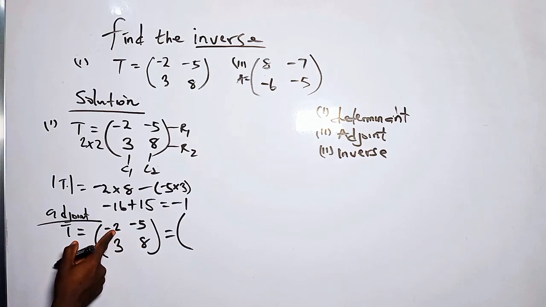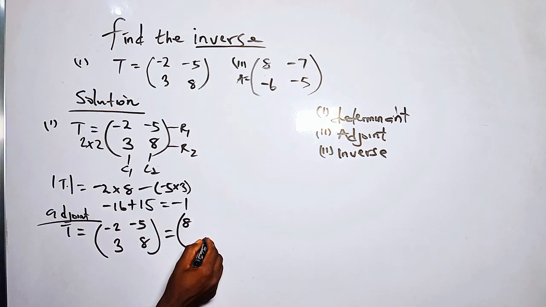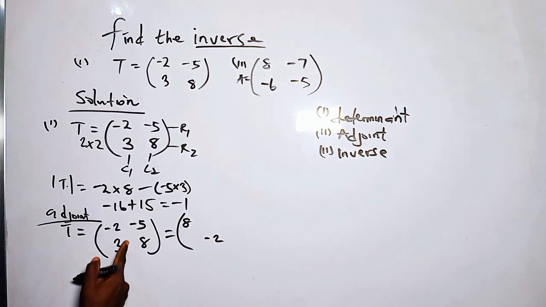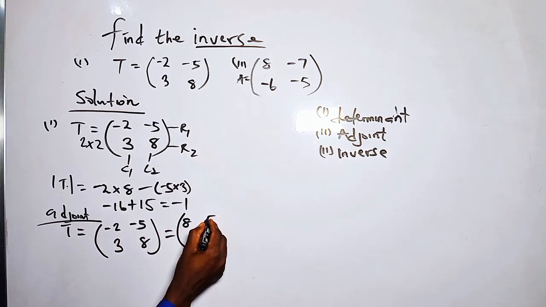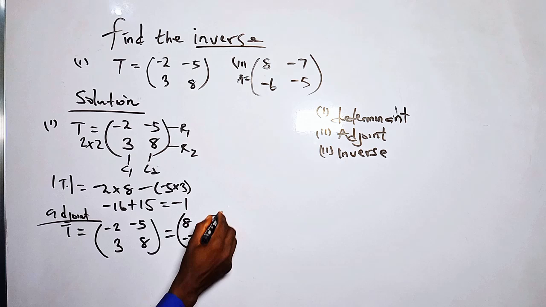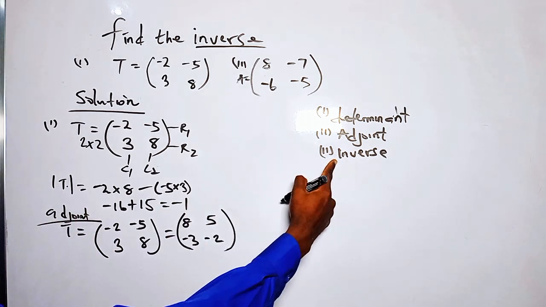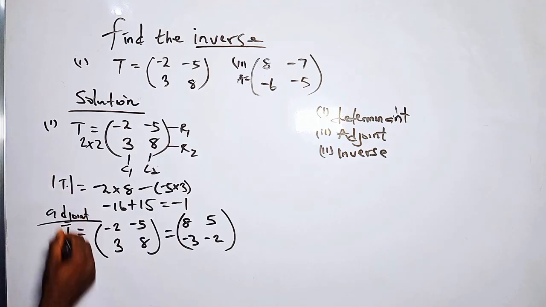So -2 is coming here, and we have 8 here. For the other diagonal, we interchange the sign. So -5 turns to +5, and +3 turns to -3. That is the adjoint.